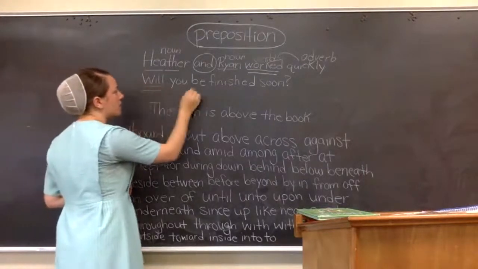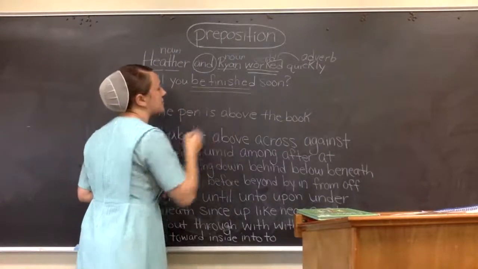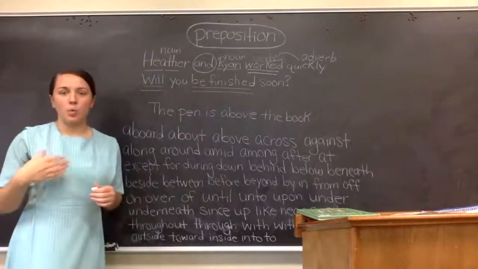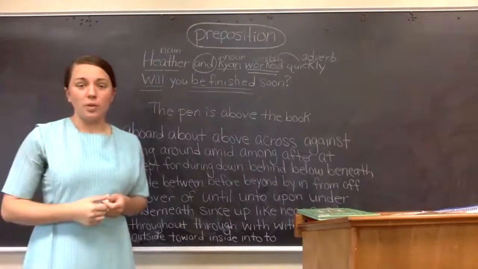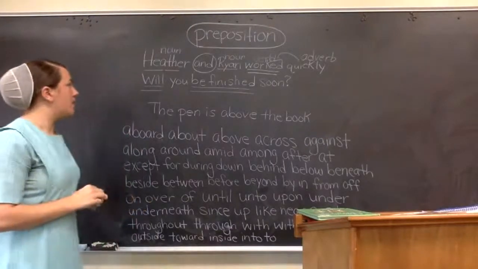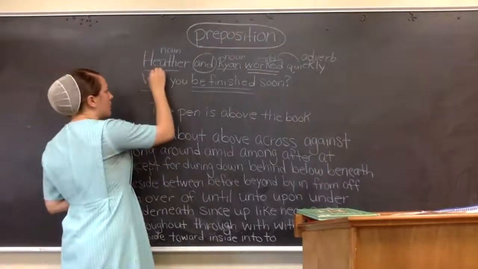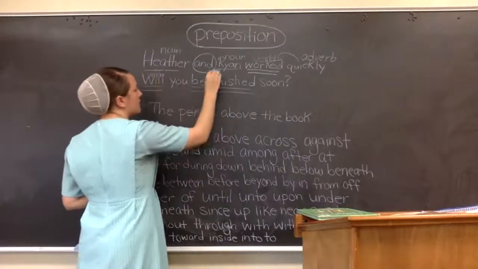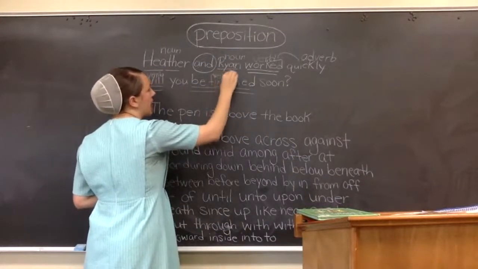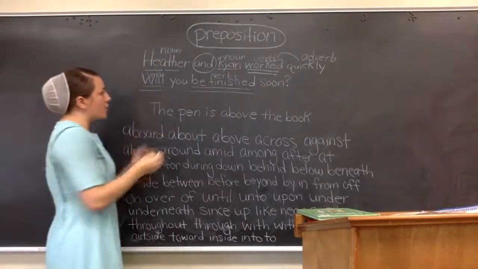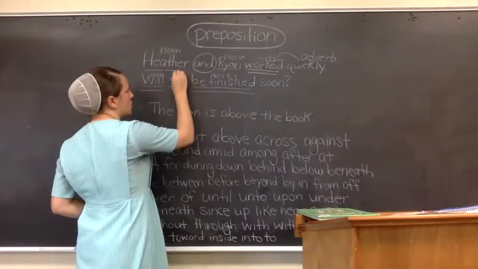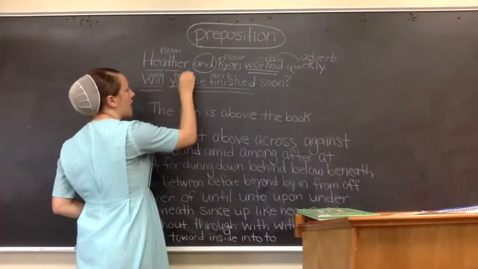Will be finished is our verb, okay? Now, who or what will be finished? Who or what will be finished will tell you what our noun or what our subject is. So here, you will be finished. So you is our noun.